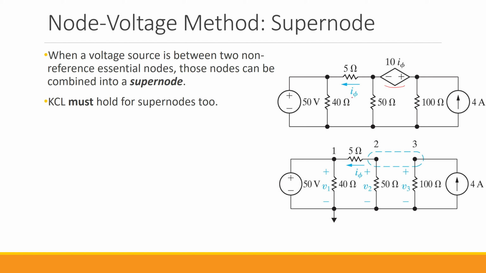Let's find out what the nodes are again. We have this node, this node, this node, and finally this node, or any of the points on this line, right? They are all the same because they are all connected and there is no component in between them. So overall we have 4 nodes here.